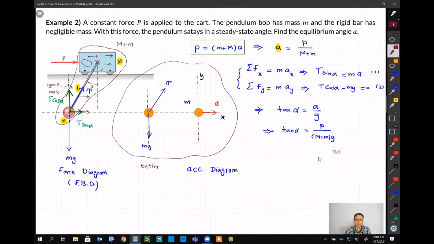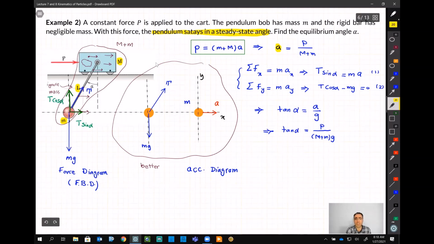So why does the pendulum only move in the horizontal direction? Well, because the question told us, right? The question says that we apply a load so big that the pendulum stays in a steady state angle.